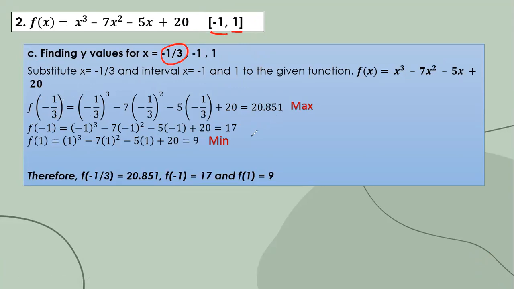Okay? Ang makukuha natin na value is 20.851, 17, and 9. Okay? So, f of negative 1/3, dun nag-occur yung maximum since pinakamalaki yung 20.851. Then, sa f of 1, nag-occur yung minimum since pinakamaliit yung 9.